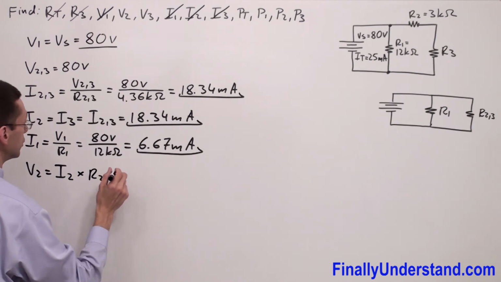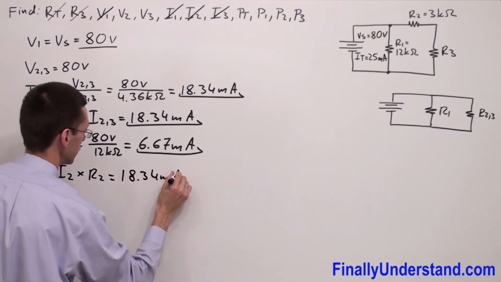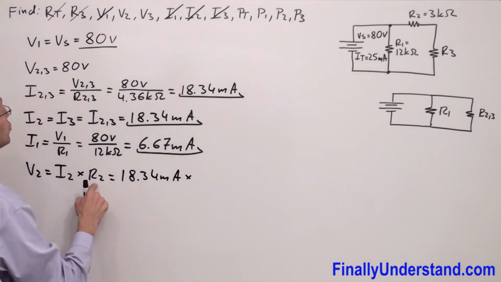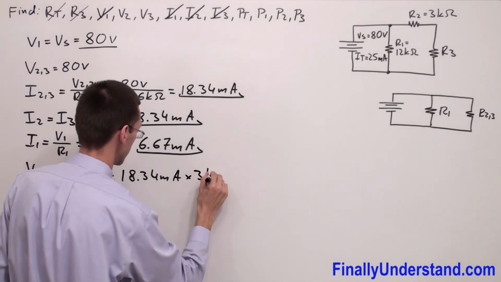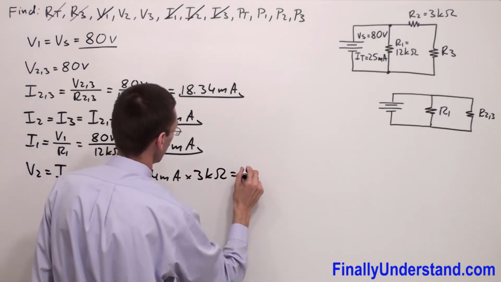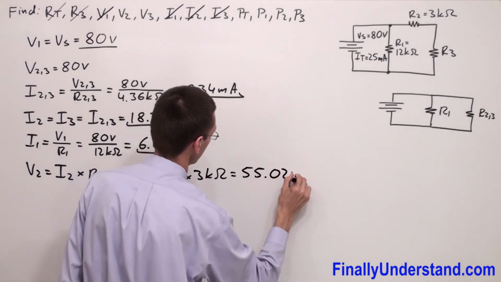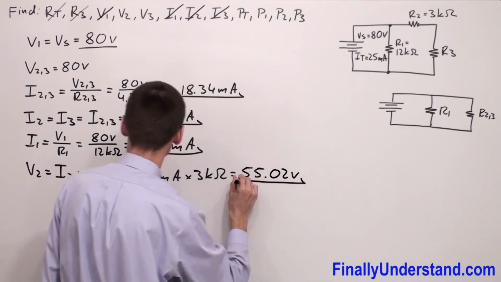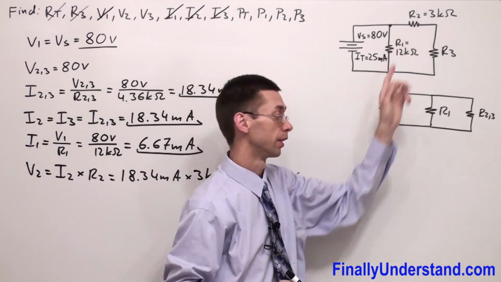So I2 is equal to 18.34 milliamps times R2, which is equal to 3 kiloohms. This is equal to 55.02 volts. Okay, so this is the voltage across resistor R2.